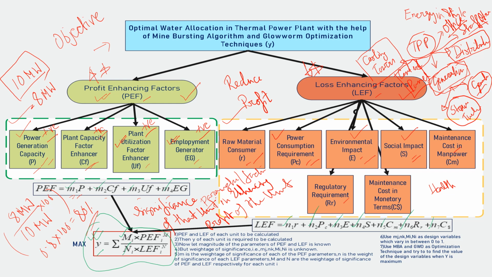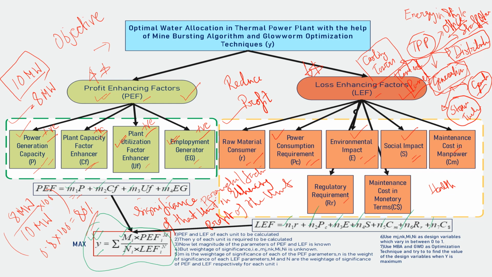So we are changing these 4 M's, 7 N's, and as many capital M as the number of units.